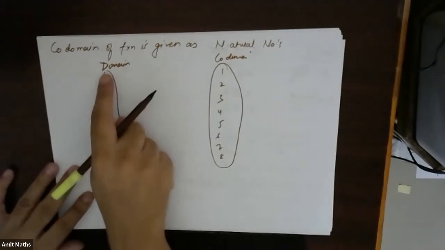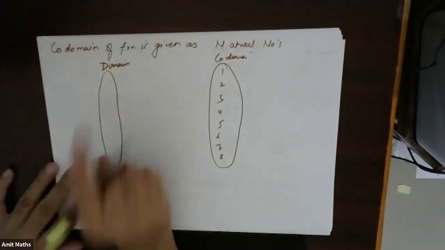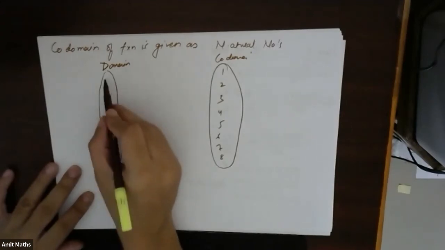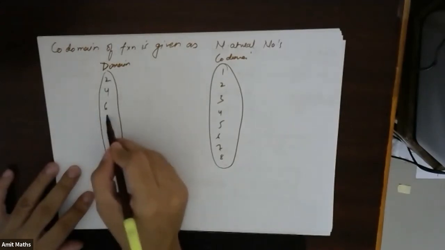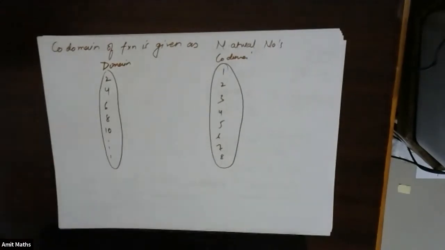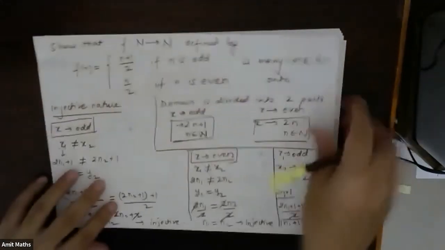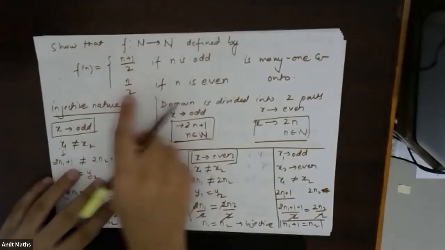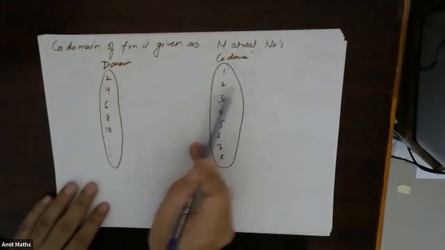I will just take the even part of the domain: 2, 4, 6, 8, 10 and so on. If the number is even, y is equal to n by 2.